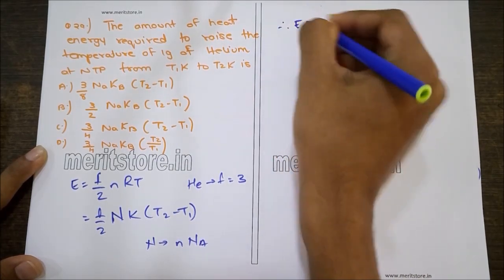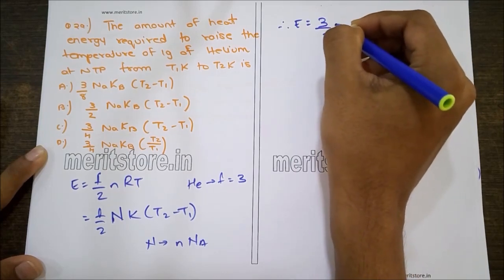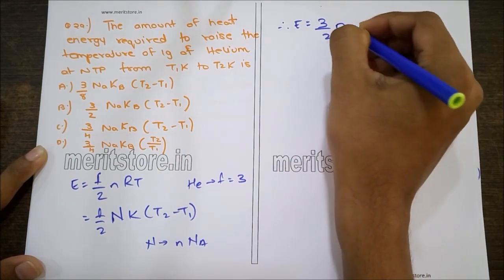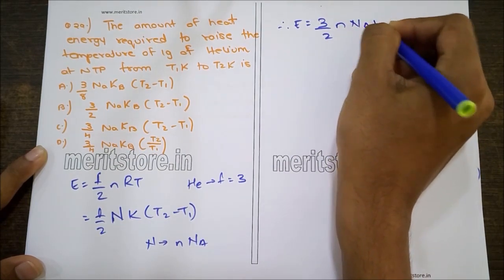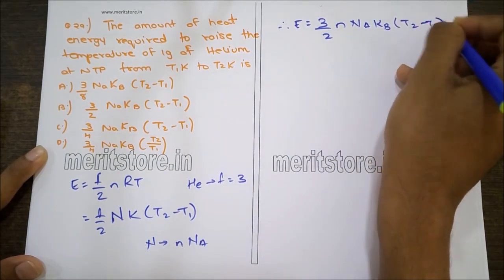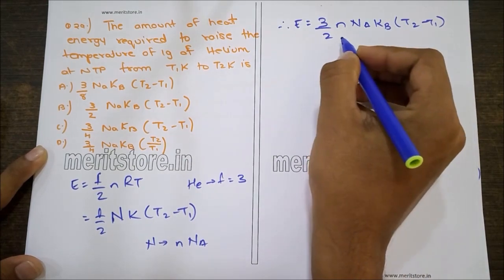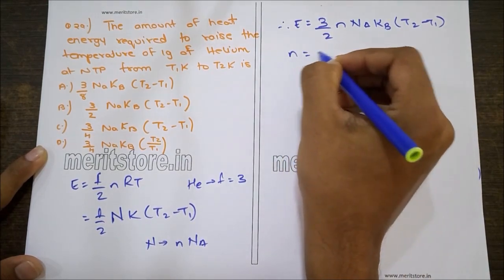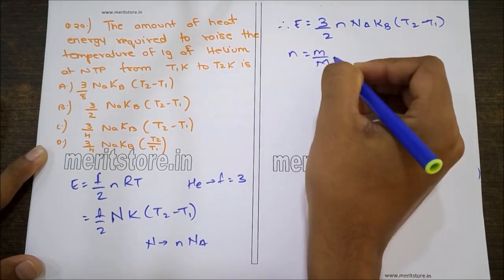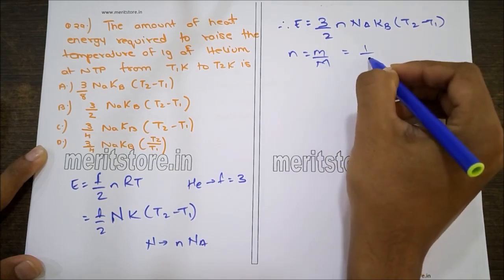So therefore E is equal to 3 upon 2, putting the value of F as 3. So 3 upon 2 n times Na Kb into T2 minus T1. Now n is the number of moles, which is equal to mass upon molecular mass. So that is nothing but 1 gram upon molecular mass, which is 4.